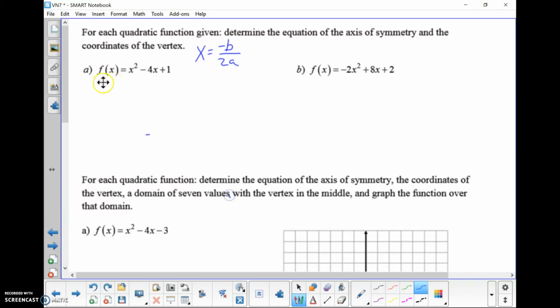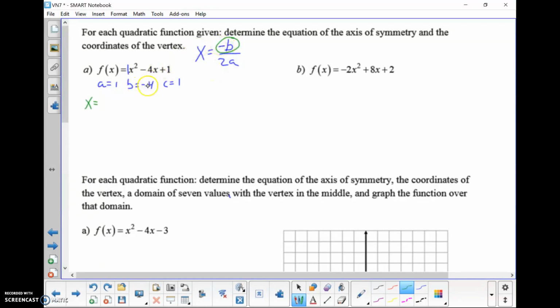So you need to know what a and b are. Looking at this, I could see that a equals 1, because that's what's in front of x squared, and b equals -4. And I'll write c equals 1 also, but really we don't need c. So plugging this in, I get x equals -b. Remember, that's probably the thing that people are going to mess up here. Now, b here is -4.